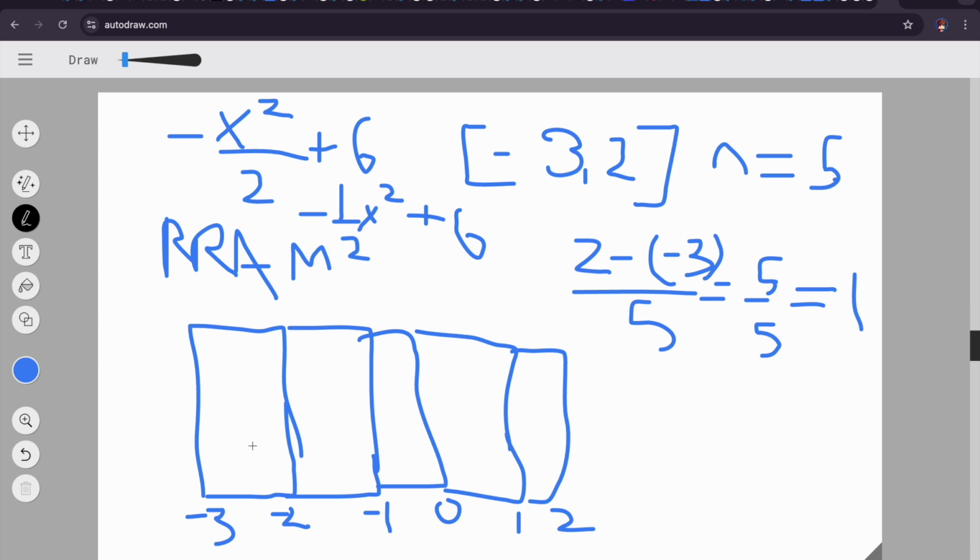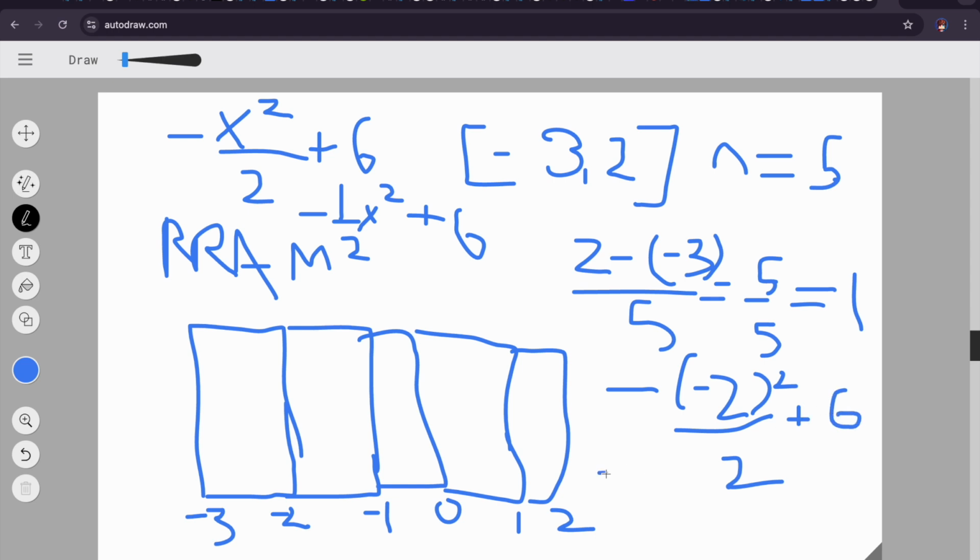So now at this point, what we're going to be doing is, as we did last time, plug into the original to get the intended height of each rectangle. But we're going to be using the right side. I almost used the left side. Sorry about that. We're going to be using the right side of the rectangle to estimate that height.